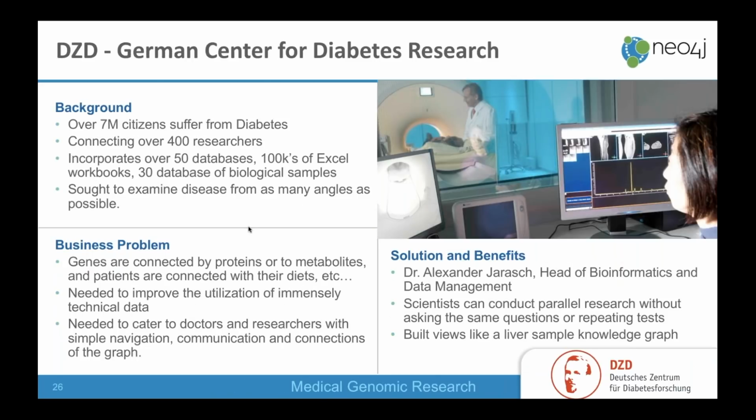So I think this is finally another fantastic story. This is a cooperation between a lot of research centers in Germany who are using Neo4j to pull together information from dozens, in fact over 50 databases all across Europe, helping to form a more and more complete picture of the different forms of diabetes and the way in which they react to medicines and different therapies.